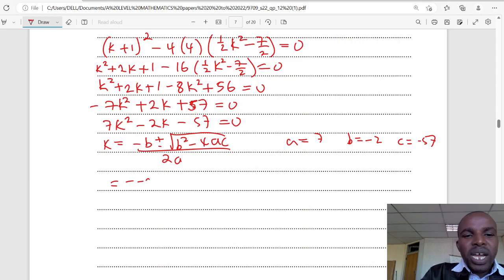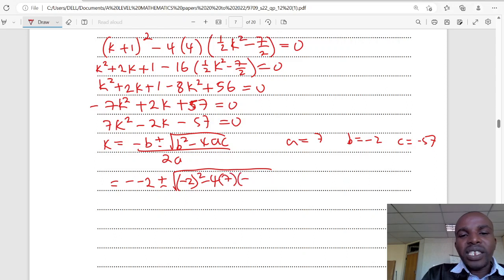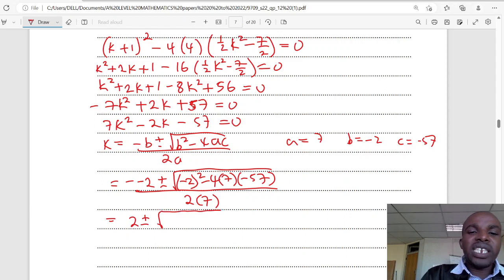It's minus negative 2, plus or minus square root of negative 2 squared minus 4 times 7 times negative 57, all over 2 times 7. Then you can just simplify. This will be 2 plus or minus square root of, inside the bracket there are two minus signs, so the minus will cancel out. It will become a plus. So it will be 4 here, then plus 4 times 7 times 57.